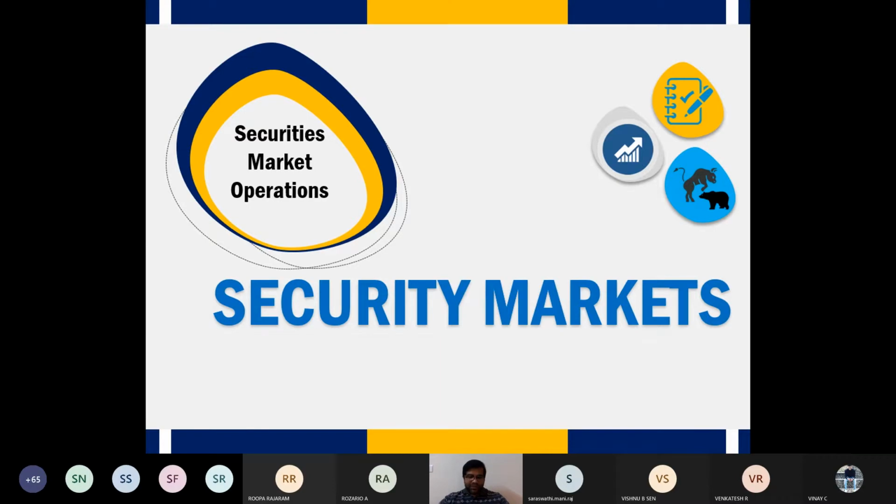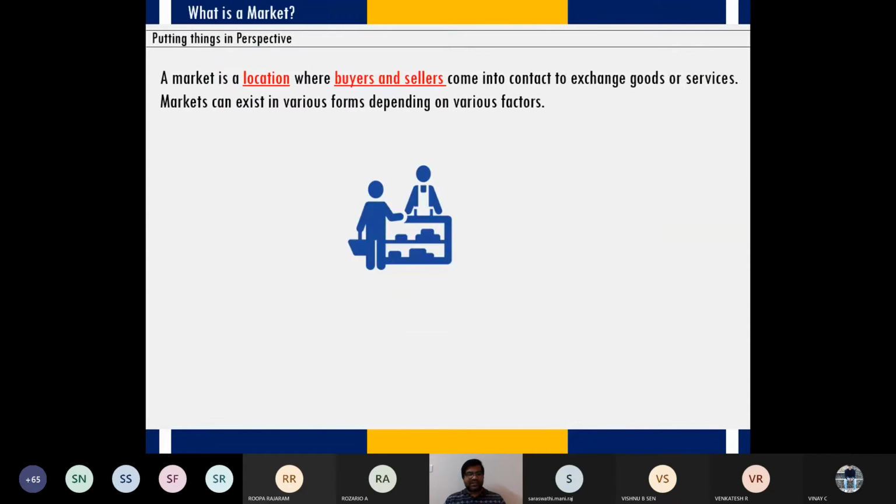The commonly used terminology for the security market is financial markets. Security market is a slightly narrower term, but the wider term is financial market. So let's discuss what a financial market is. The word financial market can be easily interpreted provided you understand the basic meaning of a market.